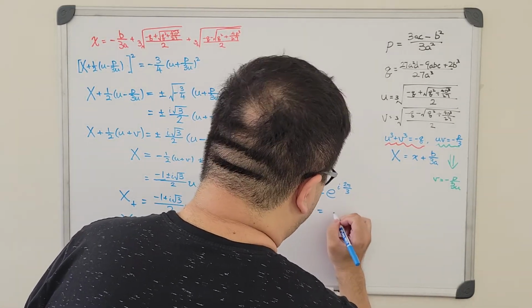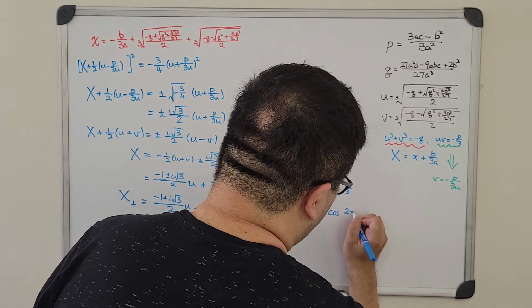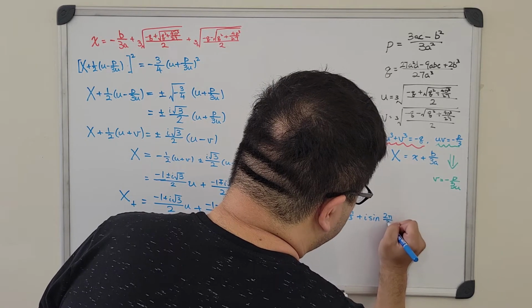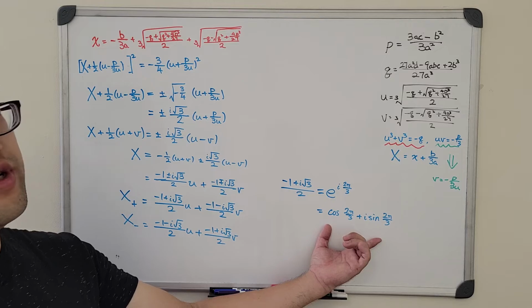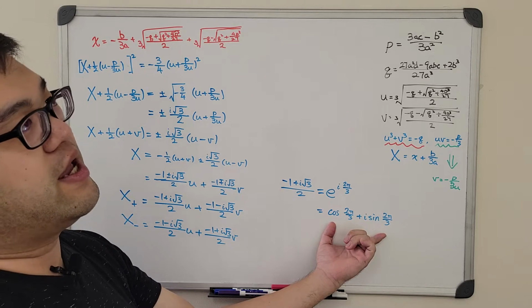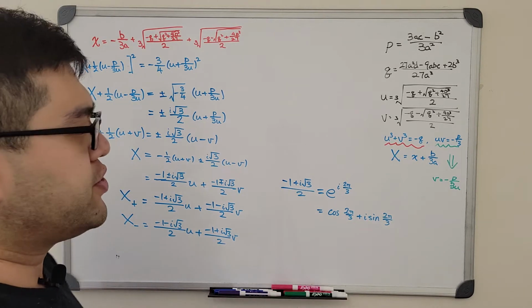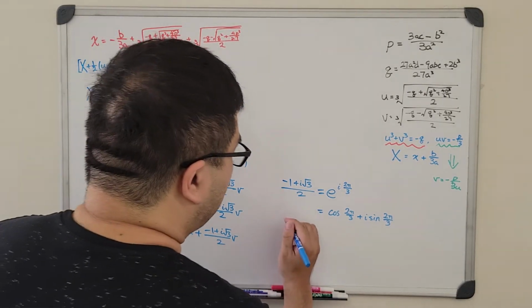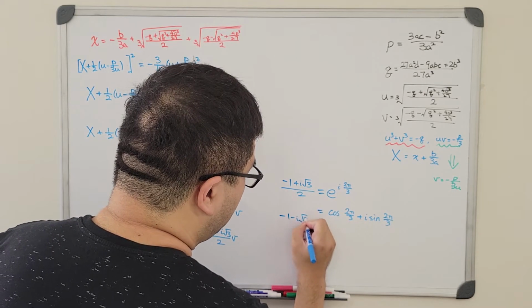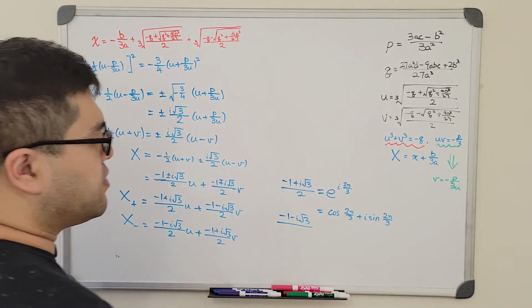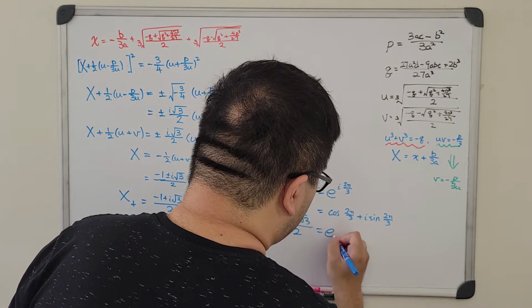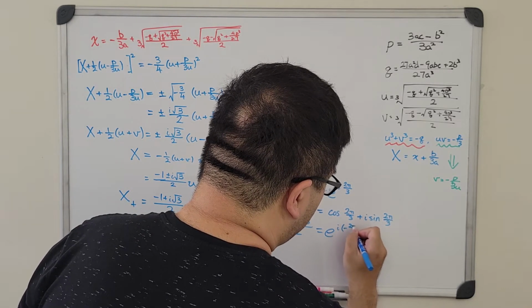You can also rewrite this as cosine of 2 pi over 3 plus i sine of 2 pi over 3. And again, this expression is from complex analysis, and in the complex world we can mix it with the trigonometry part. But anyway, we have this here for the expression up here, and for the other term, (-1 minus i radical 3) over 2, this is the same as this.